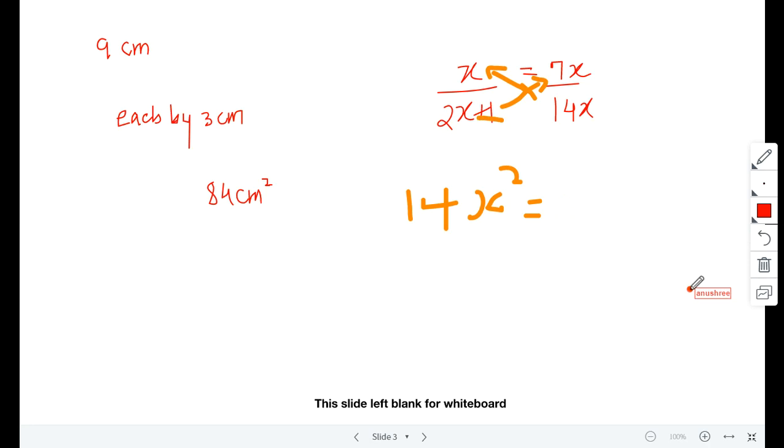Yes, 2x plus 1. 7x brackets 2x plus 1, making that 14.